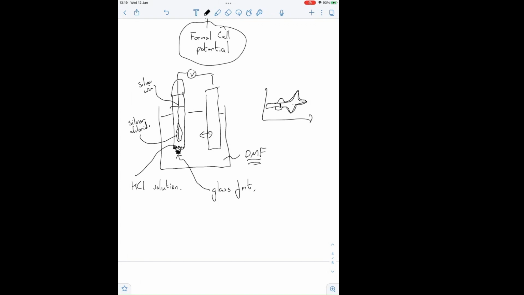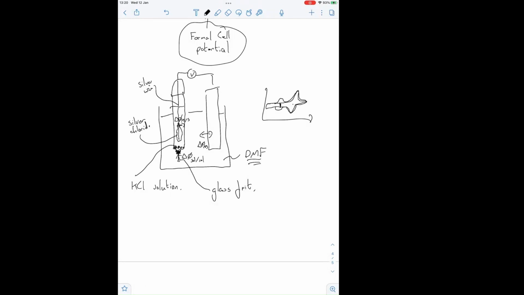The other thing to say about the reference electrode is it's an extra interface in your system, particularly this one. So you've got a potential there, a delta phi across your metal solution interface. You've got a delta phi there across your metal solution interface. But across here, you've also got a delta phi across your glass frit, across the solution interface there.